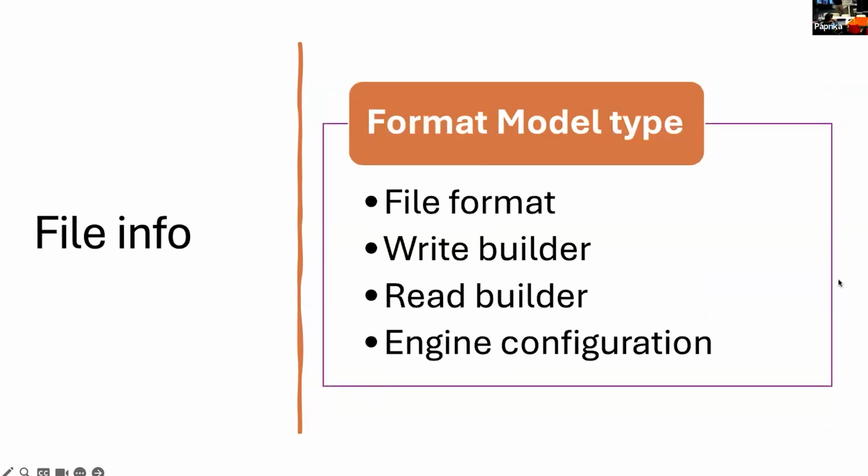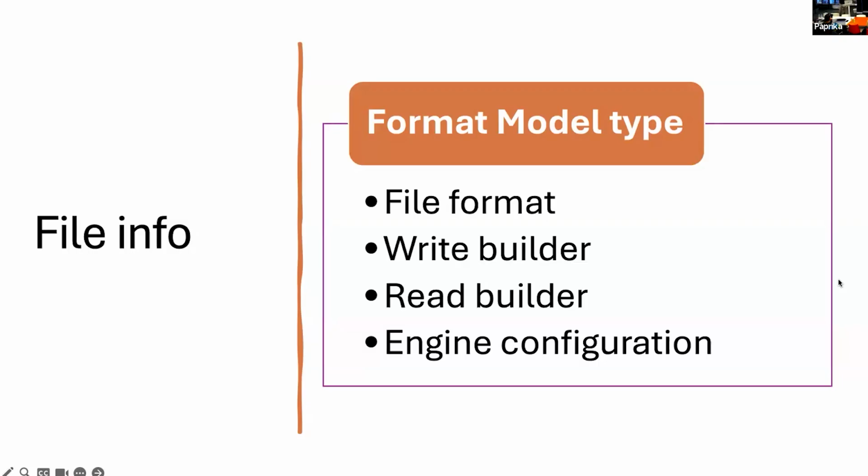And then comes the format model. We call it a format model when the file format and the object model are connected. So basically it says that we are converting from this file format to this object model. This is the format model. And these are the types created by the file format itself.